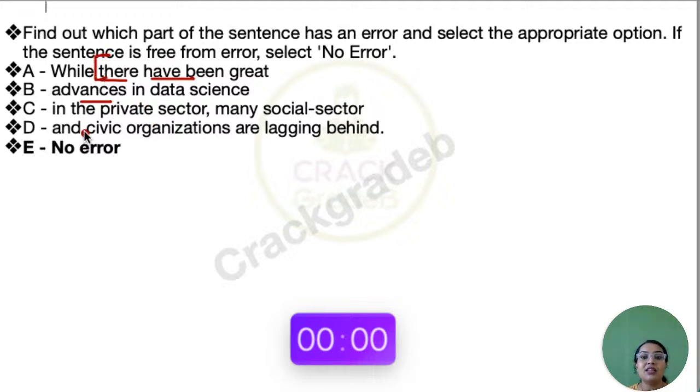In data science, where? In private sector. So, my first clause gets over here. Many social sector and civic organizations, many takes a plural, are lagging behind. So there is a sector advancing, there is another sector going back. So everything was absolutely perfect, correct here, no error.